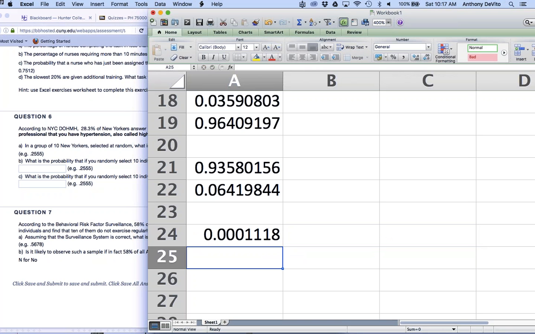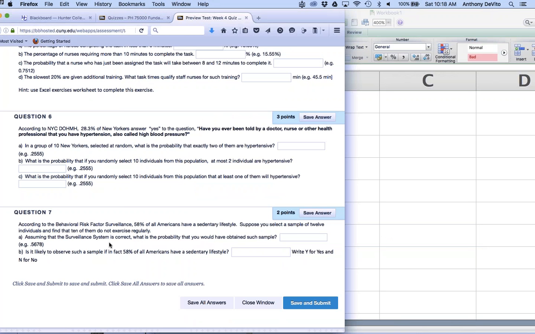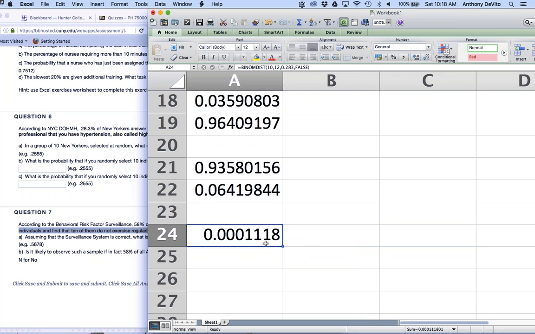It would be a very tiny number. I'm a little uncomfortable with the question. The way I would have phrased it, what's the probability that you would have gotten 10 or more out of 12? But worded the way it is, it sounds like this would be the right answer. I'm kind of stretching it a little bit, I think.